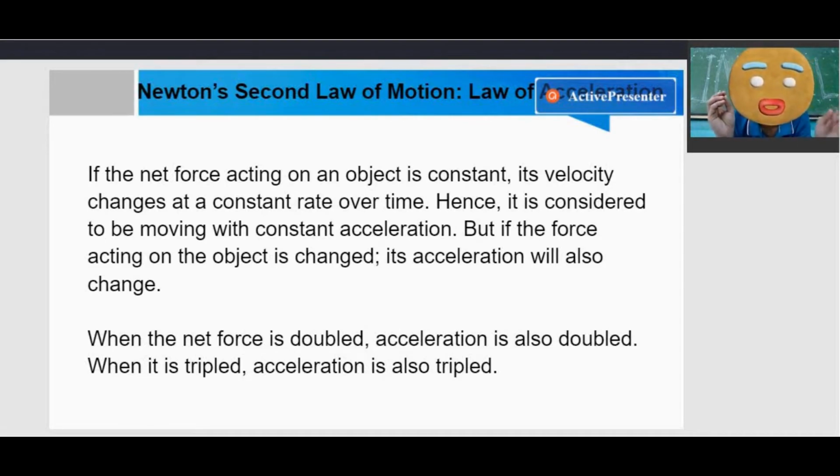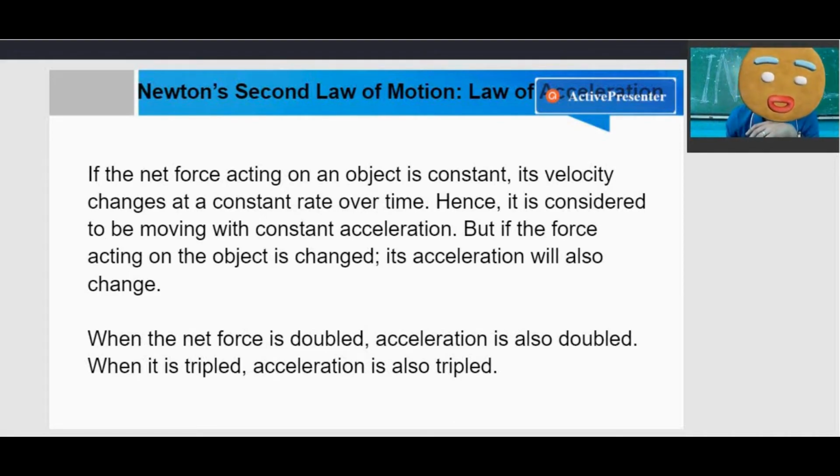Kung gaano kalakas o kung gaano kadami yung force na gagamitin natin, ganun din ang acceleration ng isang object. Okay? So when the net force is doubled, the acceleration is doubled din. When it's tripled, the acceleration will be tripled.